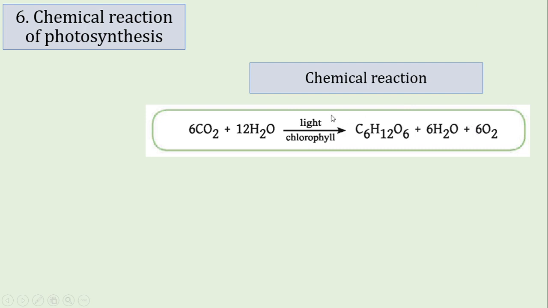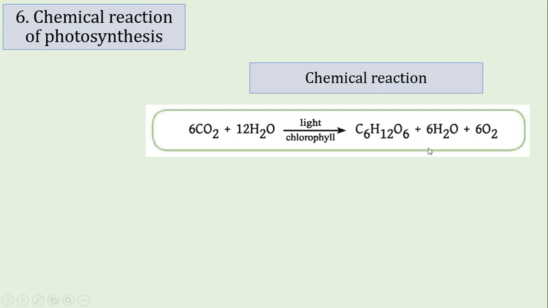Here is a matter of fact that when the chemical reaction takes place, the 12 water molecules are broken down initially, they are used up, and when the glucose is formed, it also produces again 6 water molecules. So at first 12 water molecules are used up, and later on 6 water molecules are again generated.